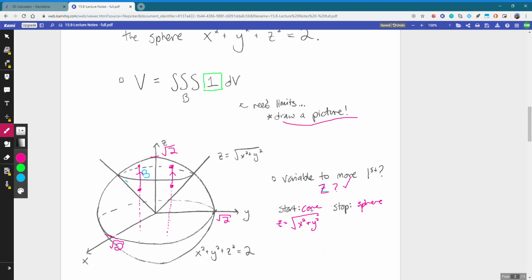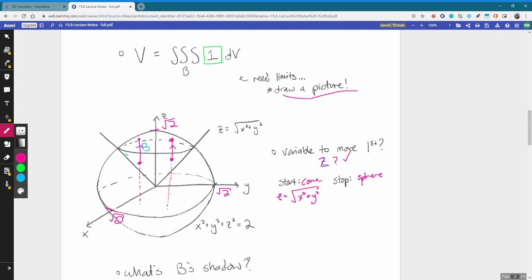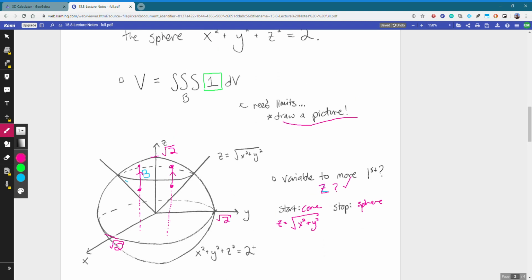Here we have to take our sphere equation and solve it for z. And so maybe let's just do that right here. Right, we get z squared equals 2 minus x squared minus y squared. And if we take the square root of both sides, we'll get plus or minus the square root of this stuff on the right.